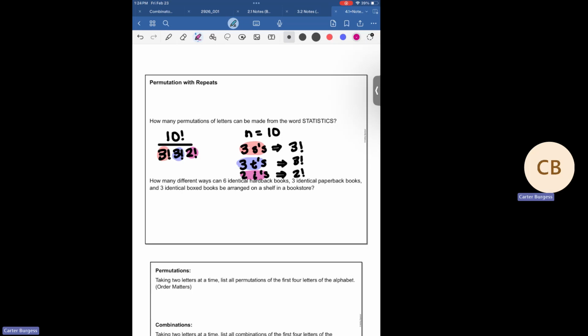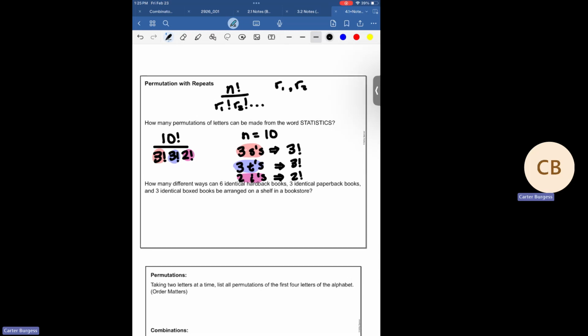And this is, of course, highly generalizable, right? If we wanted to look at the way of dealing with permutations with repeats, all we are simply doing is taking n factorial over r1 factorial, r2 factorial, and so on, where r1, r2, and so forth are the number of repeats for a particular value.